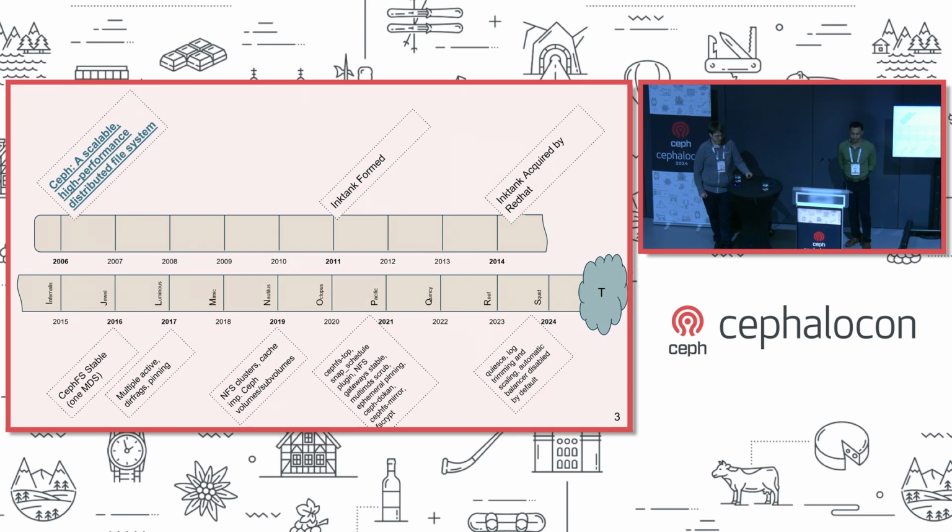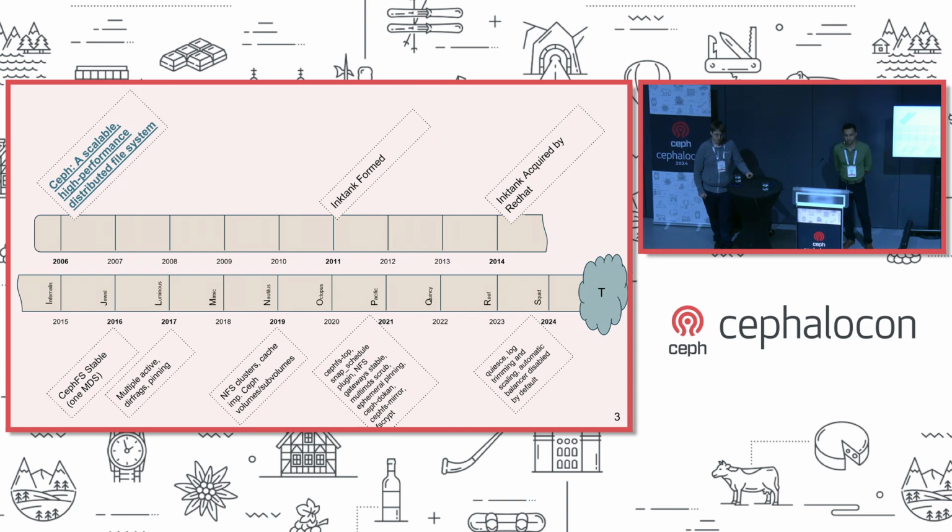Back in 2006, Sage published his paper, Ceph: A Scalable, High-Performance Distributed File System. And then sometime after that, after graduating from graduate school and getting his PhD, he started Inktank, a startup, at DreamHost, one of his companies.